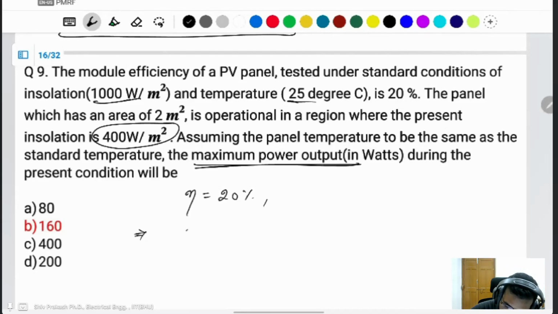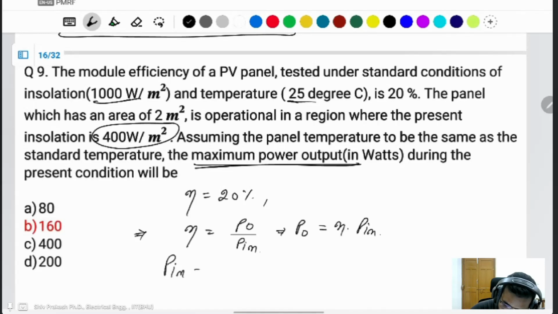We know efficiency is output power divided by input power, so output power is efficiency into input power.